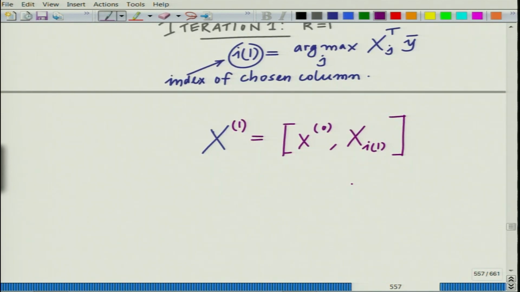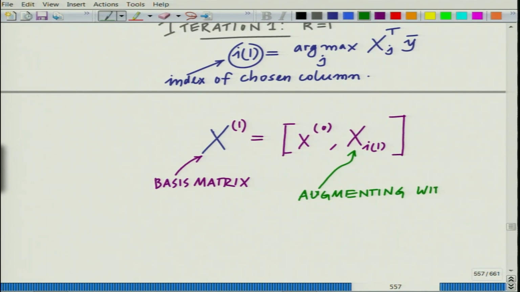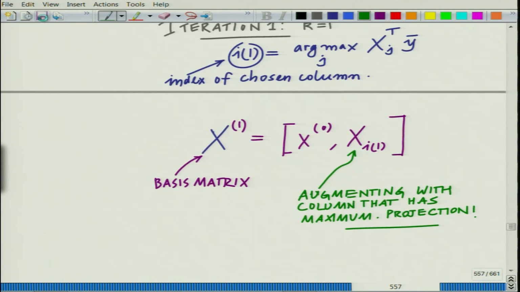So, you are augmenting the basis matrix with the column that has the maximum projection.